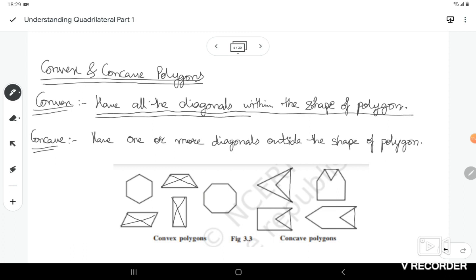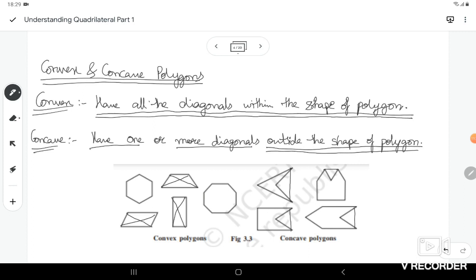That is, no diagonal outside the polygon is there, then the polygon is convex polygon. Now what is concave polygon? Concave polygon can have one or more diagonals outside the shape of the polygon. Now if this is the condition, then it is a concave polygon.